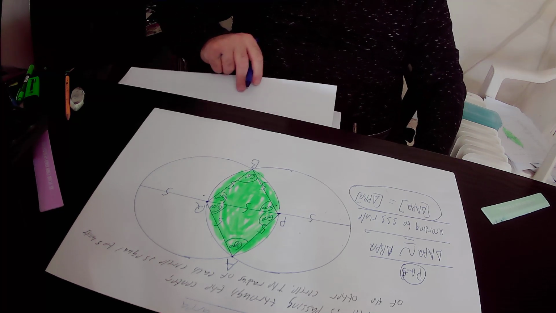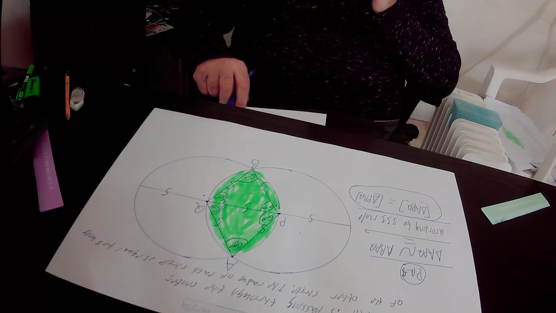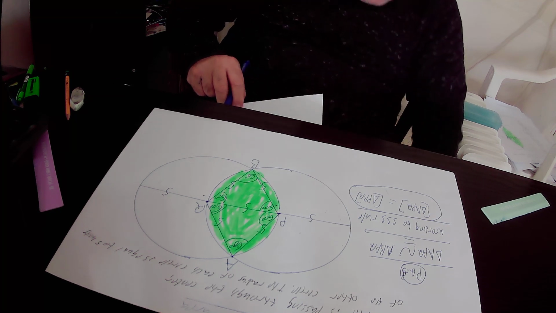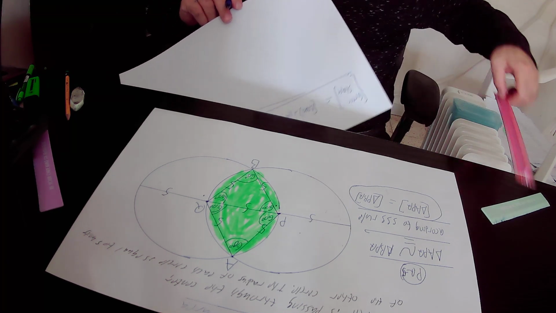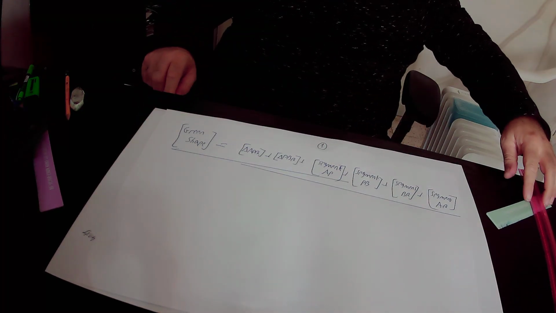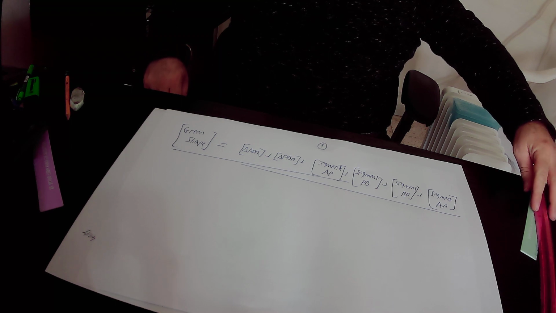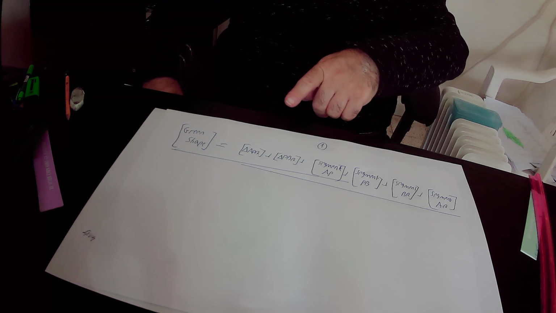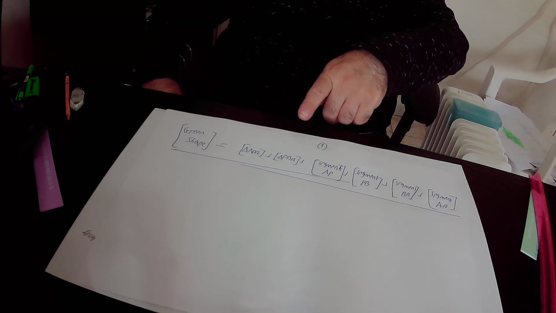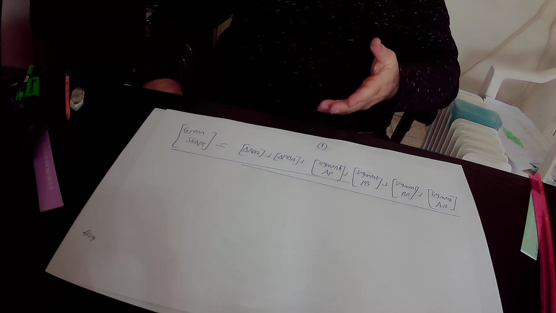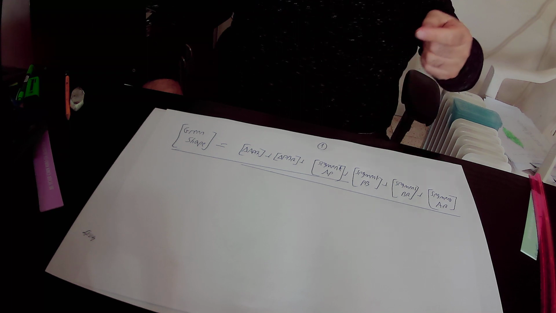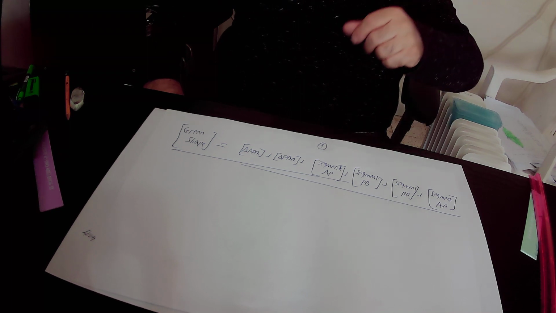I will repeat again. The area of the green shape equals the area of triangle APQ plus the area of triangle PBQ plus the area of the four segments: segment AP, segment PB, segment BQ, and segment AQ.